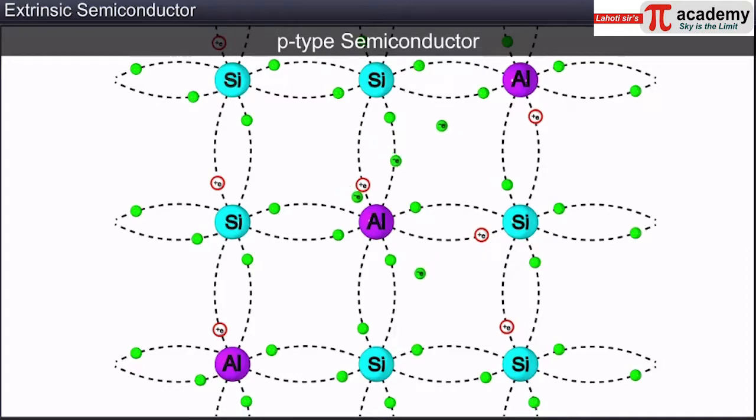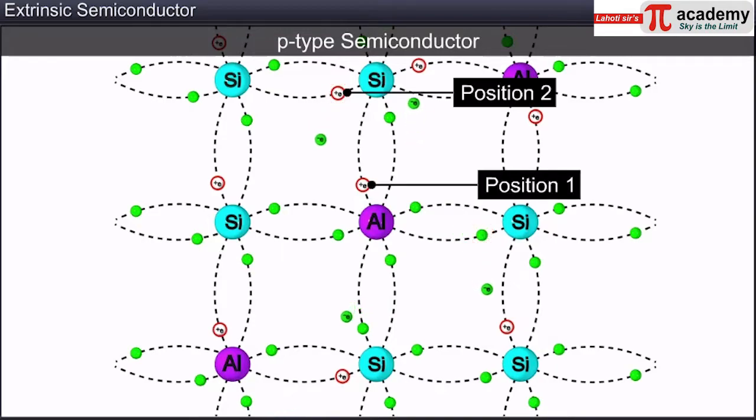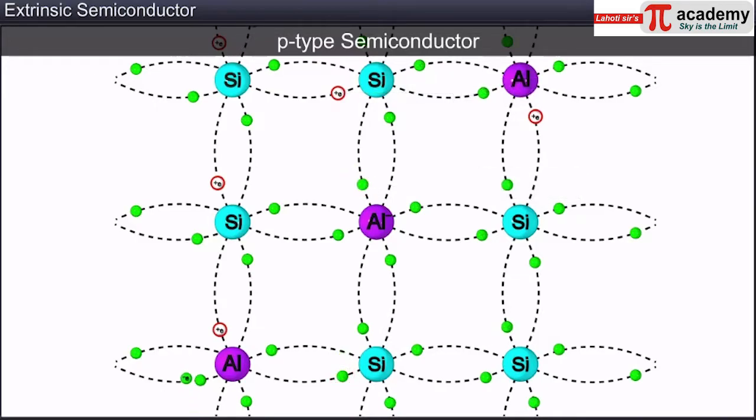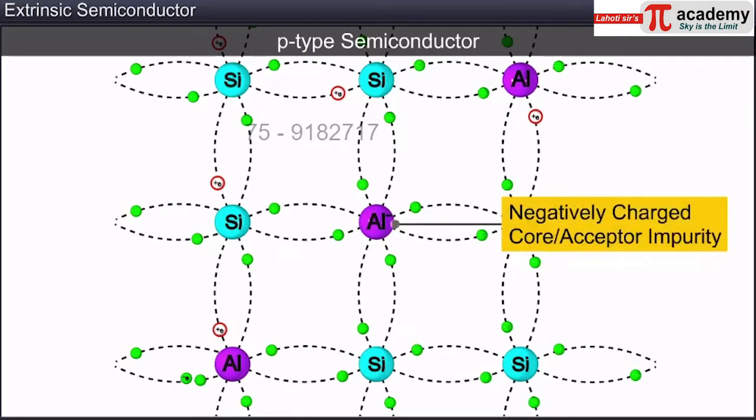The movement of holes as charge carriers occurs when valence electrons from neighboring semiconductor atoms jump to fill the holes created by dopant atoms in p-type semiconductors. When a valence electron fills the hole generated by a dopant atom, the dopant atom becomes negatively charged. Thus, a dopant atom in a p-type semiconductor is called a negatively charged core or an acceptor impurity.